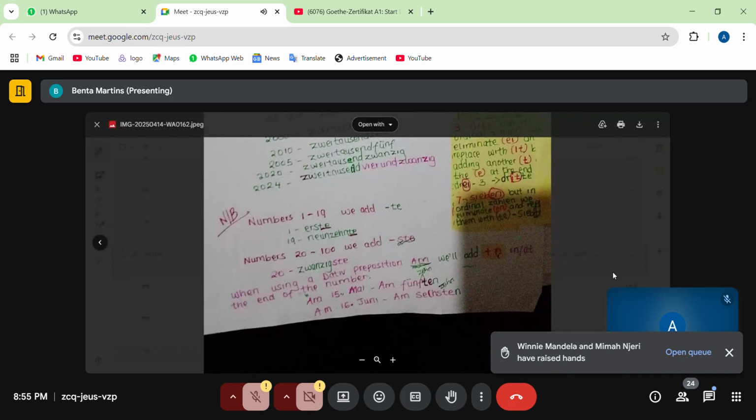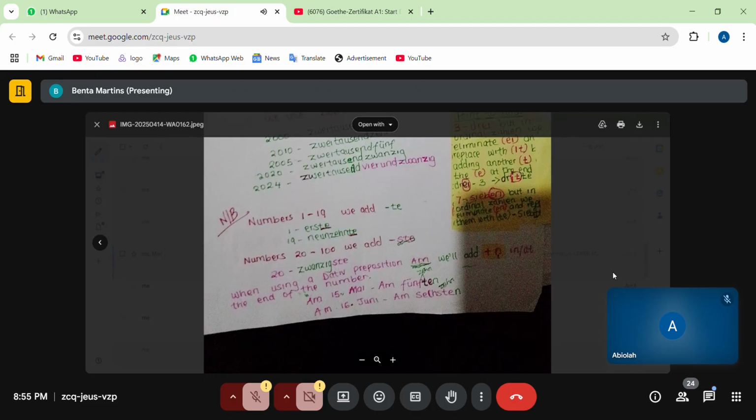Madam, at this point, when we are changing these numbers, is it only when we are dealing with years, or why is the rule changing? This is to differentiate between the ordinal numbers and the cardinal numbers, because the cardinal numbers are simply 1, 2, 3, 4, 5, 6, 7, 8, 9, 10.